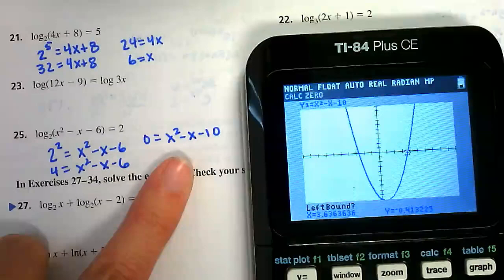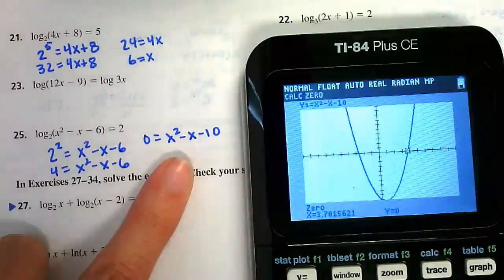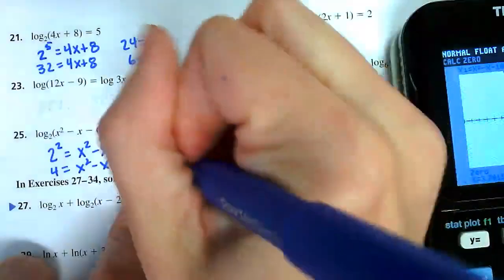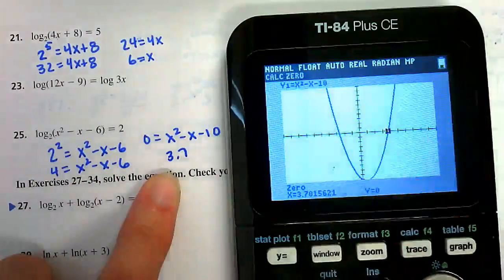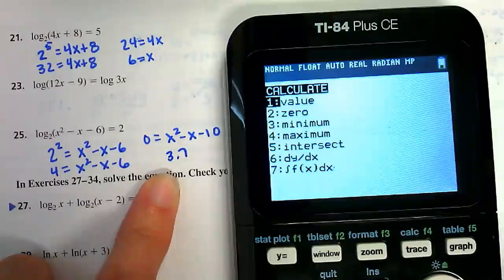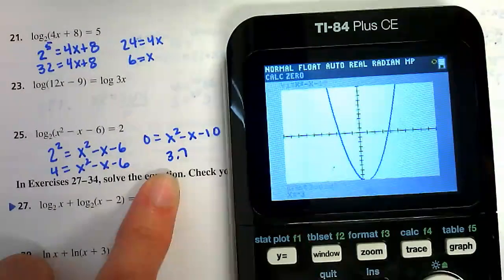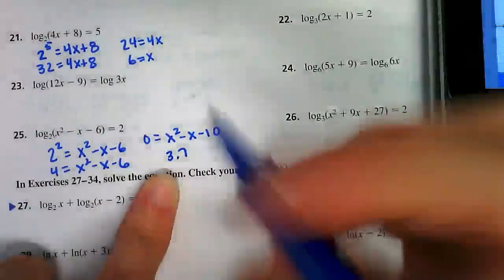Let me go back. Calculate my zeros. So left bound, right bound, guess. This one's 3.7 if I round. And then there's another solution on this one over here on this side. If I go ahead and calculate that zero, I get negative 2.7.